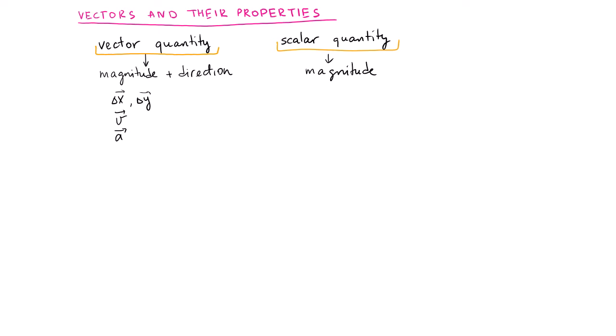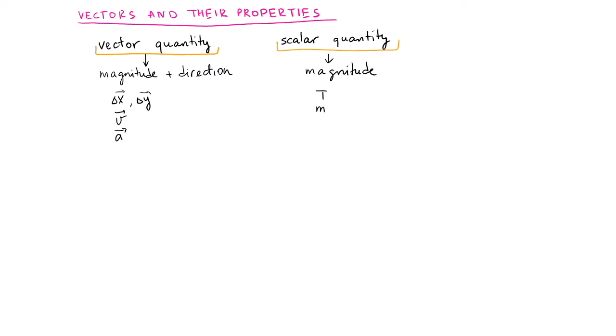If the temperature of an object is -5 degrees Celsius, that information completely specifies the temperature of the object, and no direction is required. So temperature, which sometimes we denote with the capital letter T, is a scalar quantity. Another scalar quantity is mass, which doesn't have a direction, and so on.